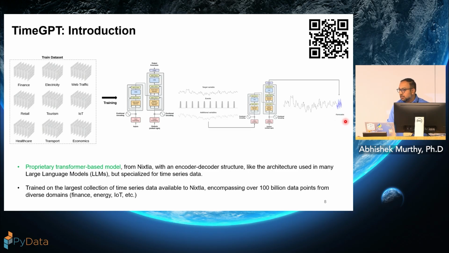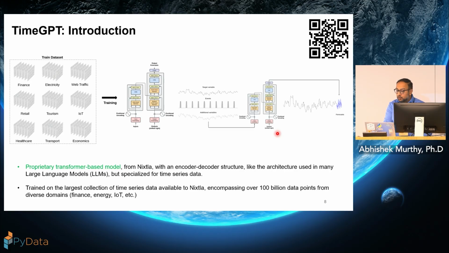Forecasting is the foundational task that they excel at. So we can provide the time series of interest. So you can just take any time series you want. If you have some exogenous variables, you can use them as well. Provide it to the API given by Nextla, and it will tell you what the next values are. Right? We can use TimeGPT for anomaly detection.